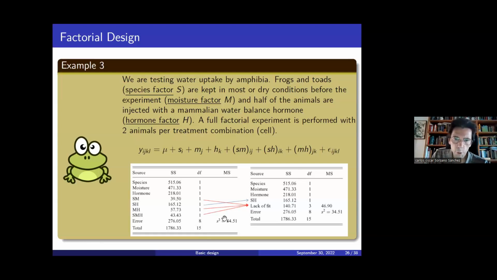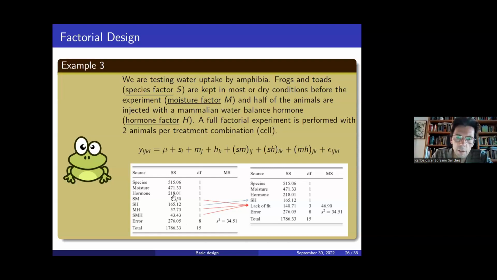So now you compare the amount of variability explained by each one of these factors to the amount that you have not been able to explain, that are the errors. So for instance, this species and hormone is significant because it is explaining a lot, while this one, species and moisture, is not significant.